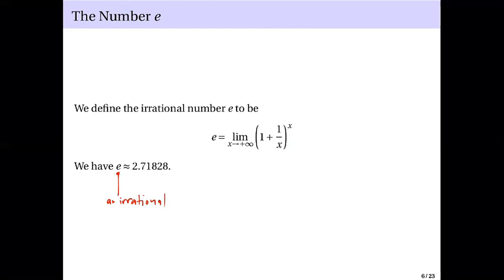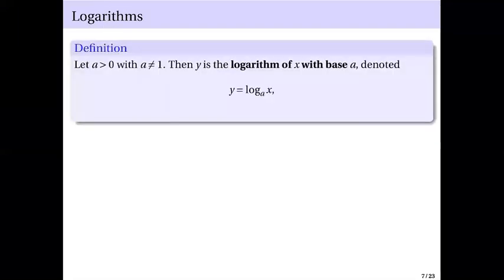All right. So now, what we're going to do next is to define what we call logarithms. These logarithms are actually related to your exponents. So let a be greater than 0 with a not equal to 1. So we want a to be positive but not equal to 1.